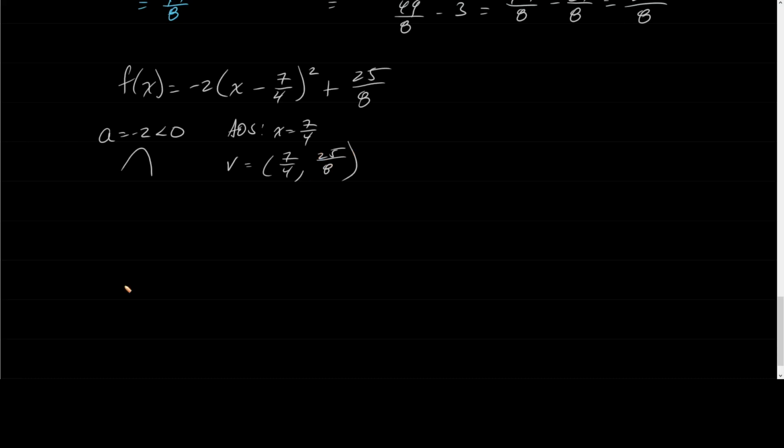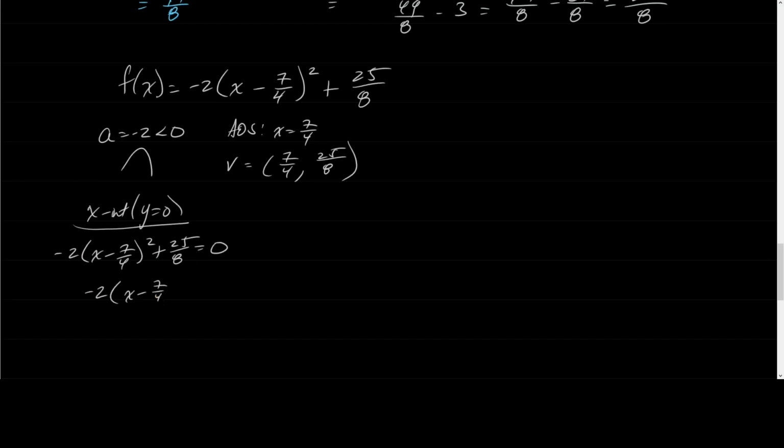The next few things that we can figure out here are our intercepts. So we start with our x-intercept, which is where y is equal to 0. So I'm going to set this whole thing, -2 times x minus 7/4 squared plus 25/8, equal to 0. Move this to the other side, so I have -2 times x minus 7/4 squared is equal to -25/8.